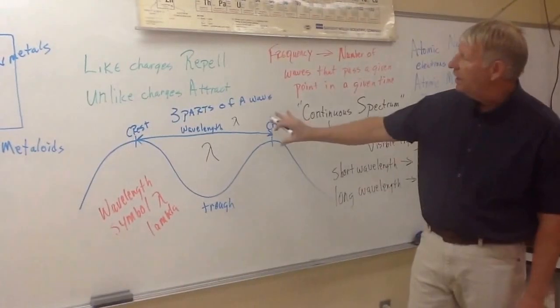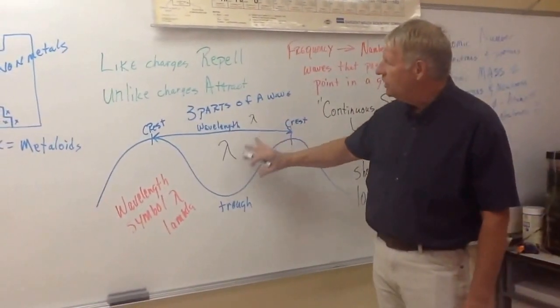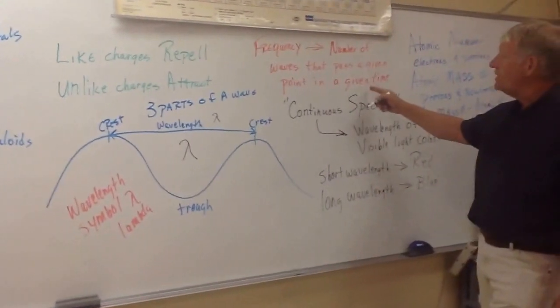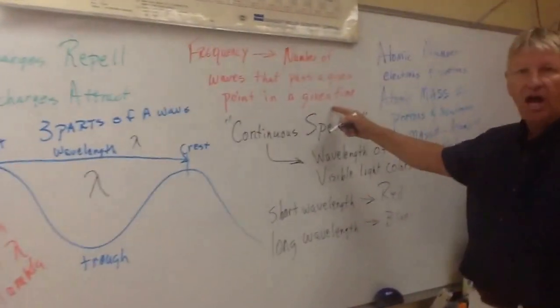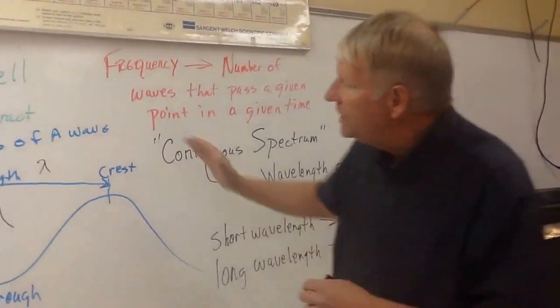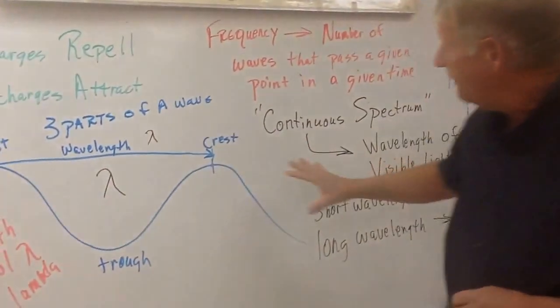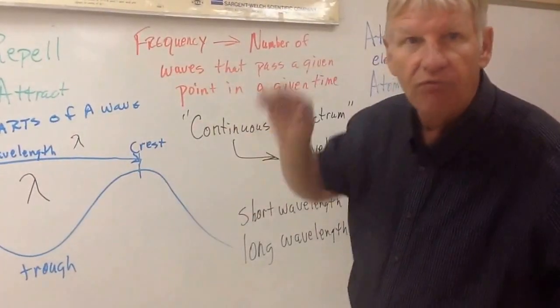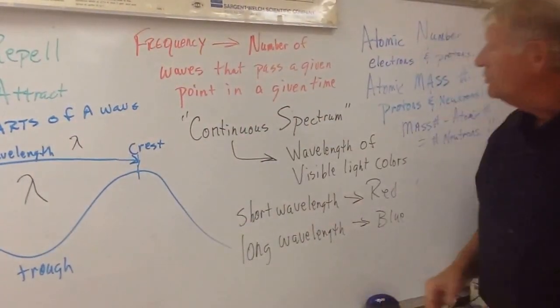We'll calculate a lot of wavelengths. As we look at frequency and wavelength, frequency is the number of waves that pass by a given point in a given time. I want to know how many times it passes by in a certain time. We have big long waves, and then we have little short waves. We'll talk about that.